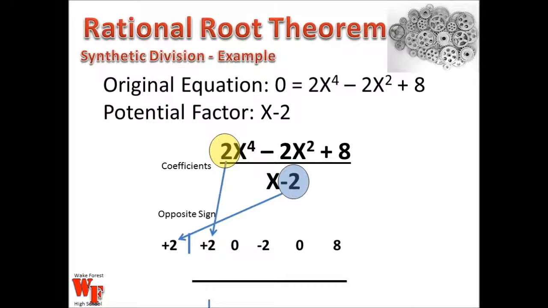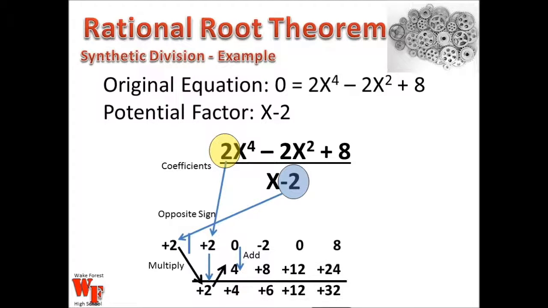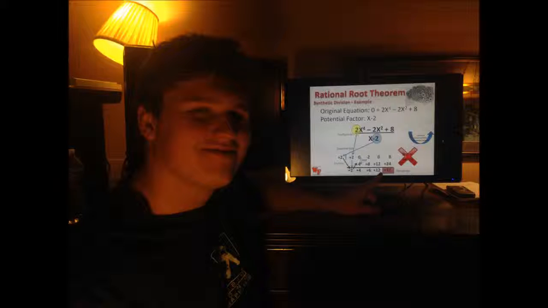You take 2 and take it to the bottom. Then you multiply it by the positive 2 in the box to give you 4. You then add that down, which would give you 4, multiplying that by 2, and so on and so forth. You get a remainder of 32, which shows that positive 2 is not a factor.